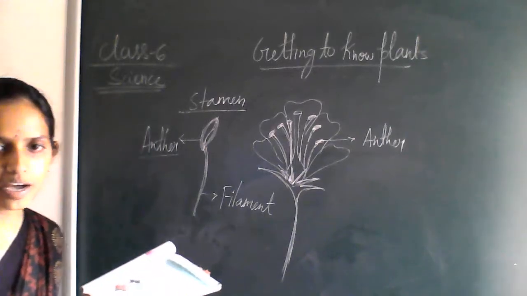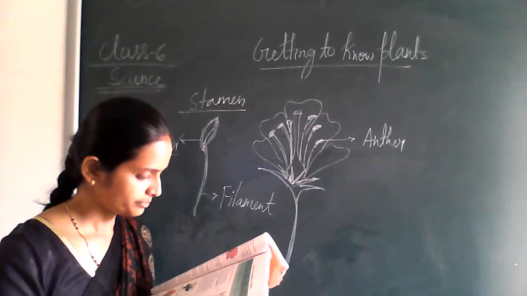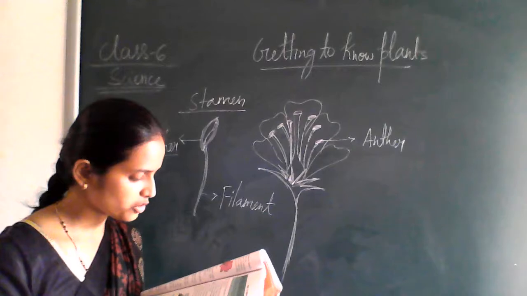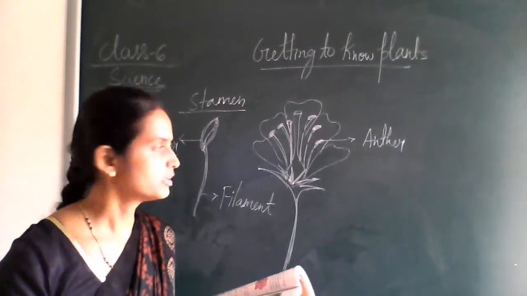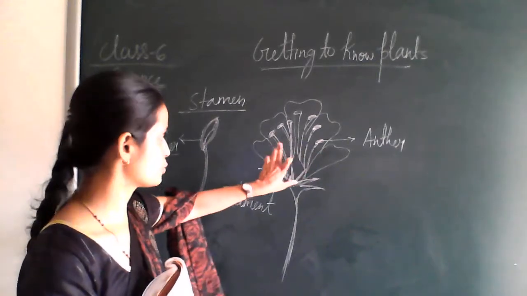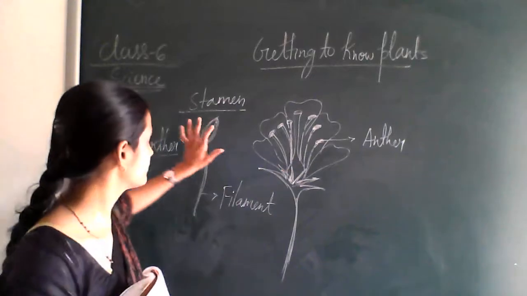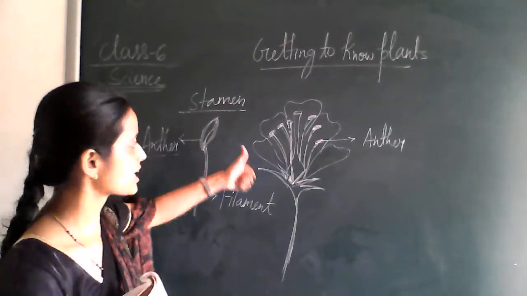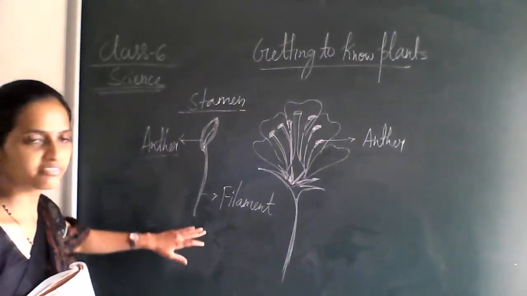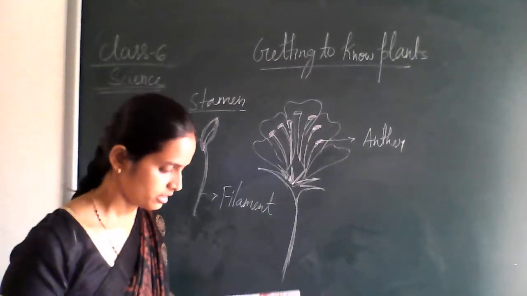Two parts we have studied: the anther and the filament. How many stamens are there in your flower? Draw one stamen and label its parts. As I have taken the flower, it has 6 stamens, 1, 2, 3, 4, 5, 6. We collected one stamen from that flower and it has anther and filament parts, and the whole structure is called a stamen, right?